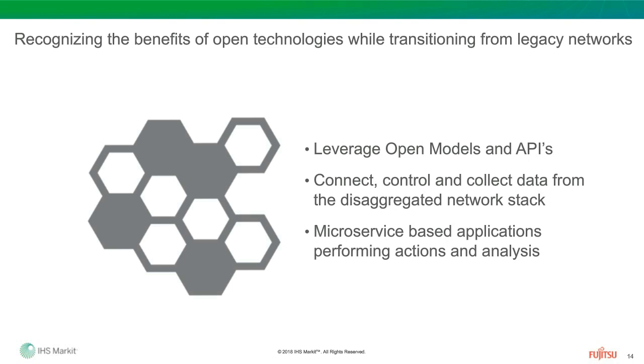Then we'll talk a bit about software architecture and how we deliver software in this network modernization with open technologies, faster than our traditional monolithic deployment model. Those are some of the key challenges we'll address in our discussion today. And with that, I'll hand it over to Domenico.